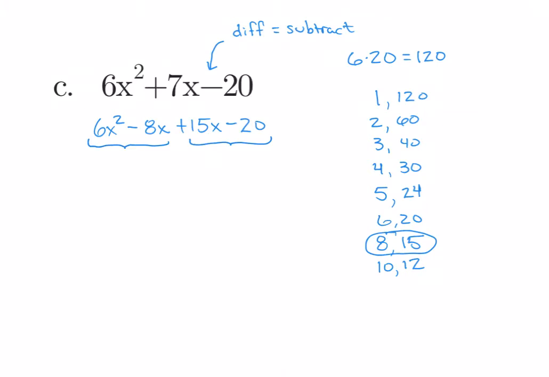So in the first set, I can factor out a 2x. I am left with 3x minus 4. In the second set, I can factor out a 5. And I get 3x minus 4.